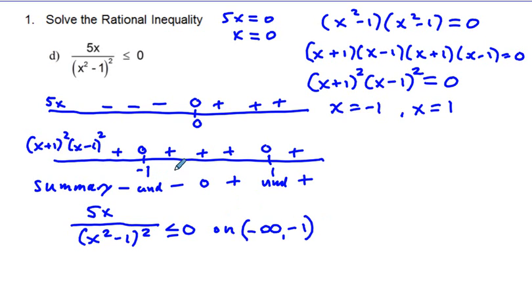And then to the right of negative 1, between negative 1 and 0, we'll put negative 1 here, comma, and then all the way up to 0. Now, is 0 included? Yes, because of less than or equal to. So this is what that is going to look like.